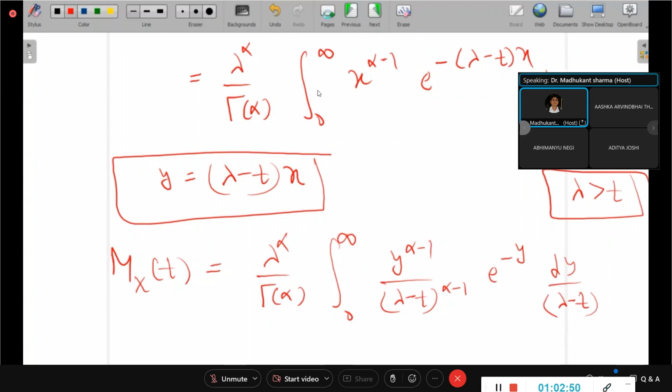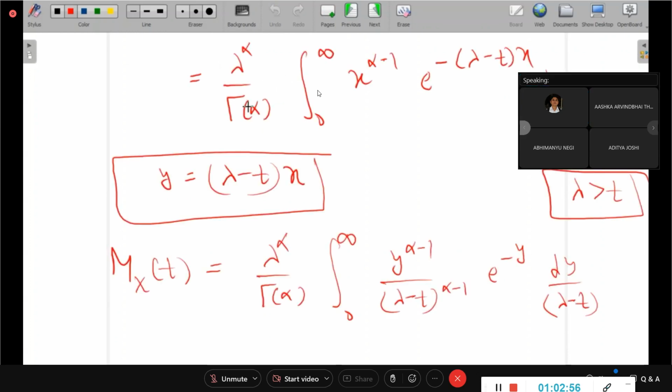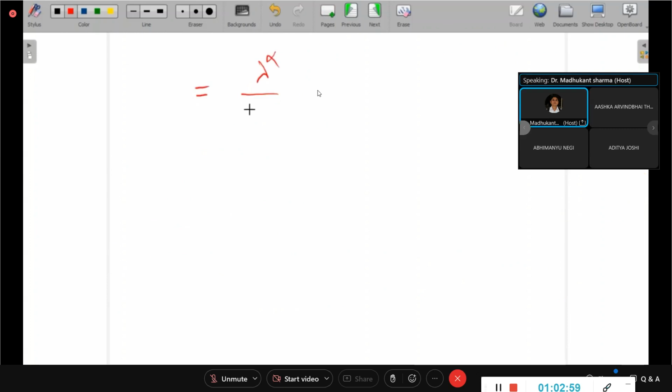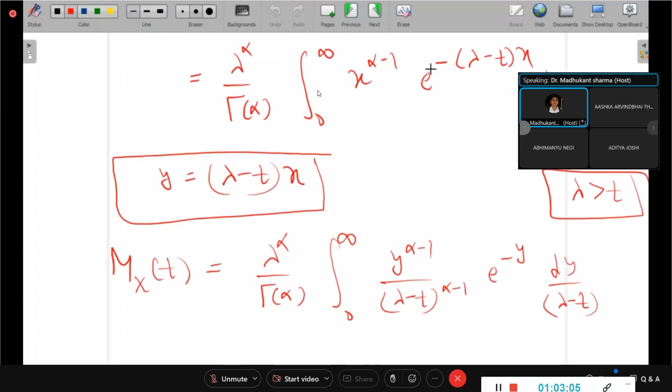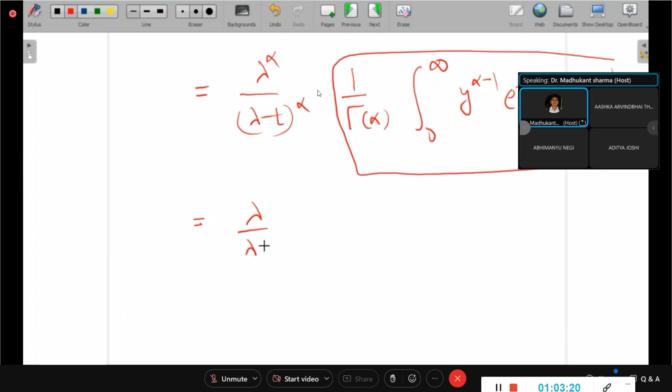If you further simplify, this is equal to lambda to the power alpha by lambda minus t to the power alpha, times 1 upon gamma alpha, times the integration from 0 to infinity of y to the power alpha minus 1 e to the power minus y dy, and this is 1. So this is going to be lambda by lambda minus t, to the power alpha.